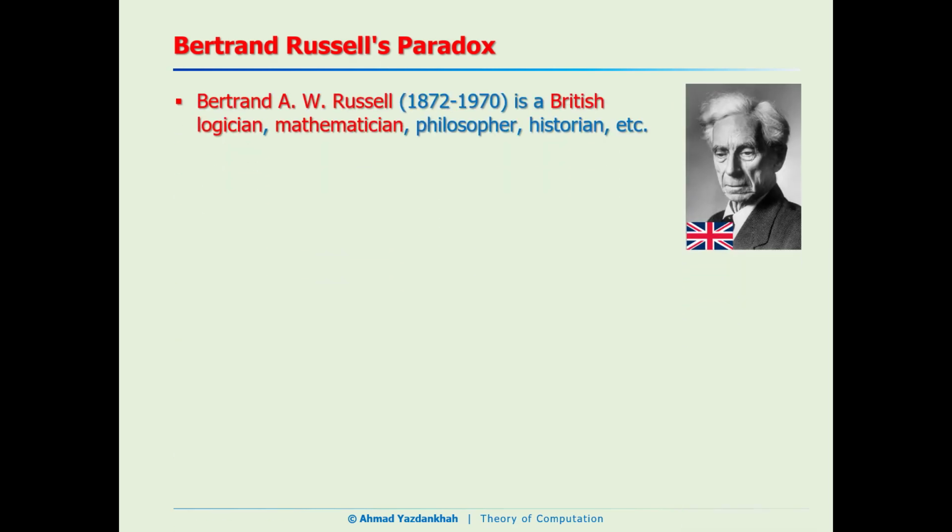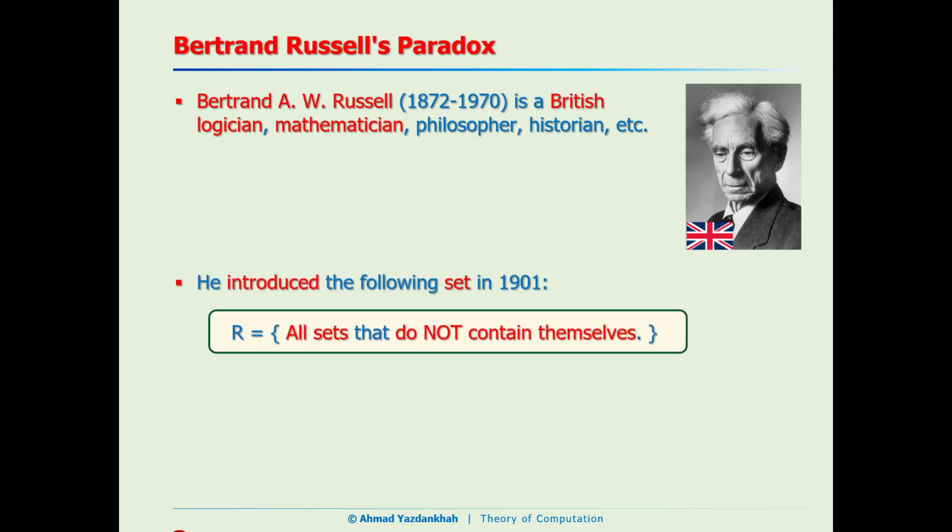This one is the coolest one. It is called Bertrand Russell's paradox. So he introduced the following set: all sets that do not contain themselves. What does it mean? We are talking about a set, and we call it R because of Russell. And this set contains all sets.